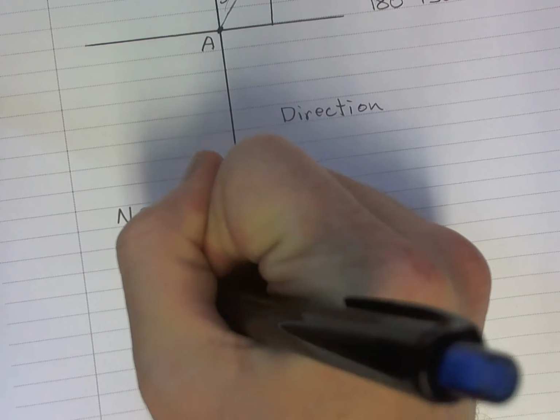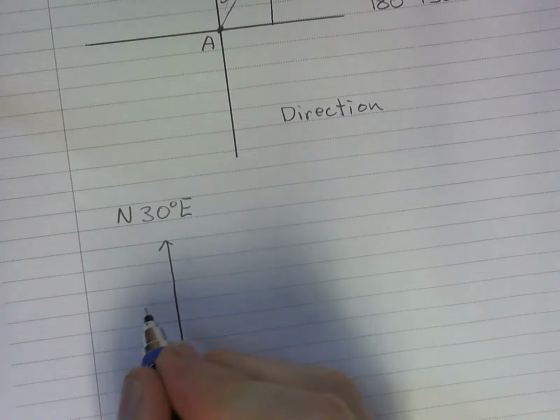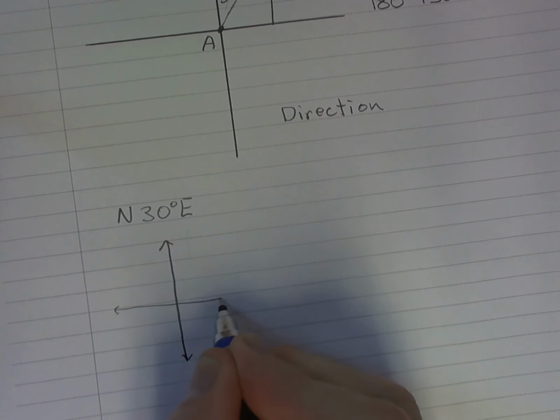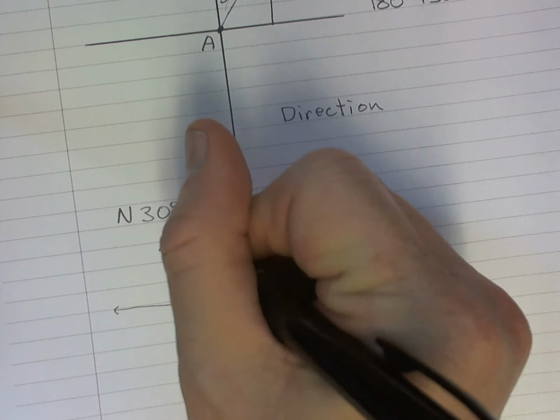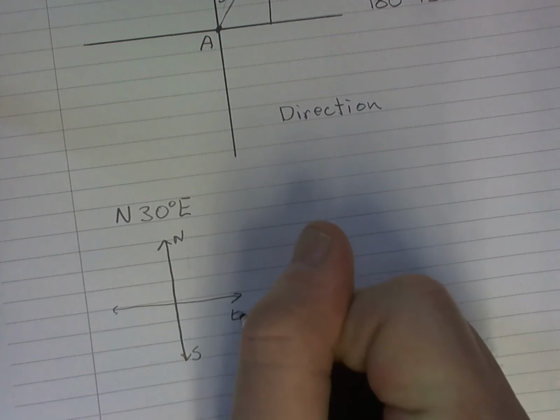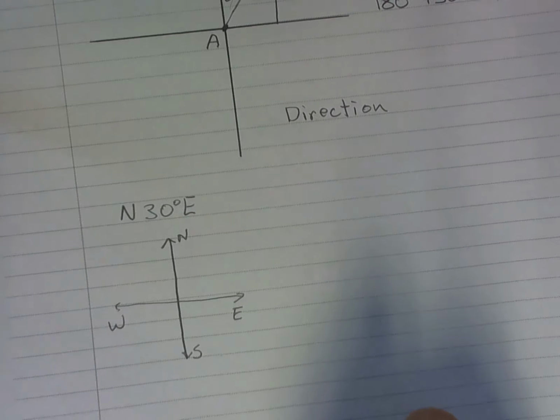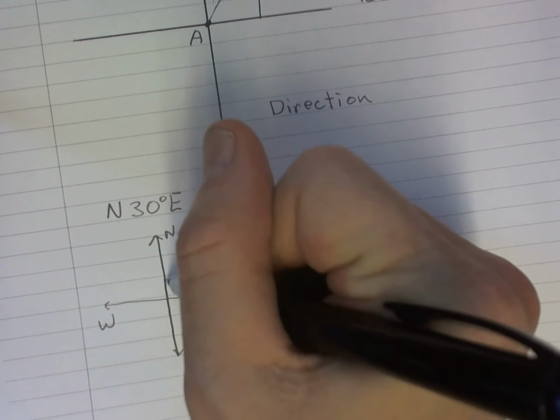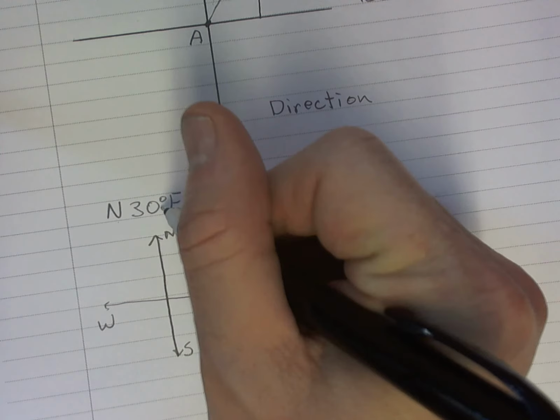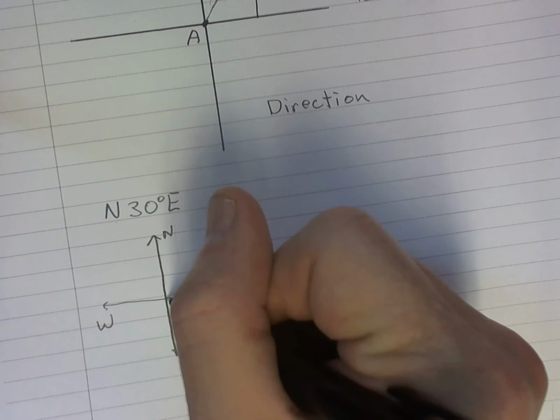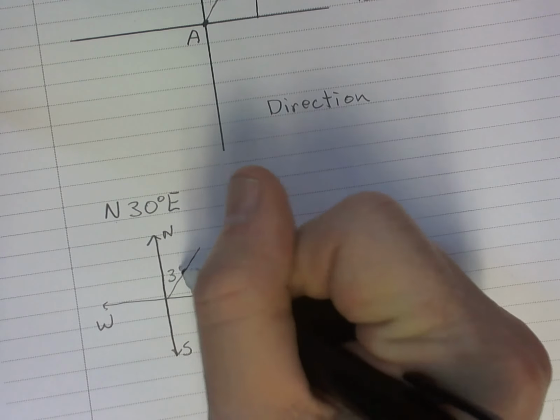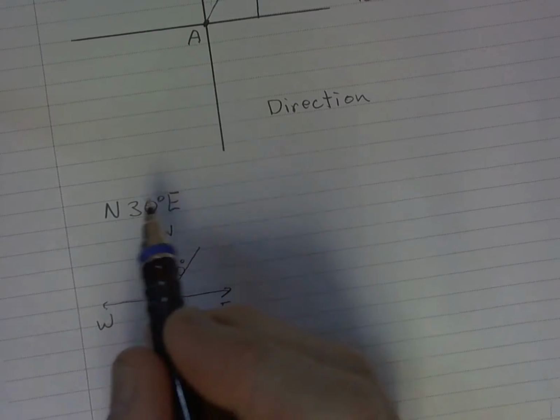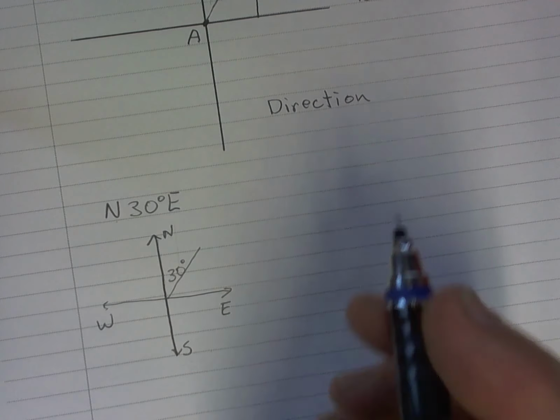This is what that would look like. You can draw your axis, and notice you have north, south, east, and west. North is first, so we go on the north axis, and we want to go 30 degrees in the east direction. So that's 30 degrees east of north.